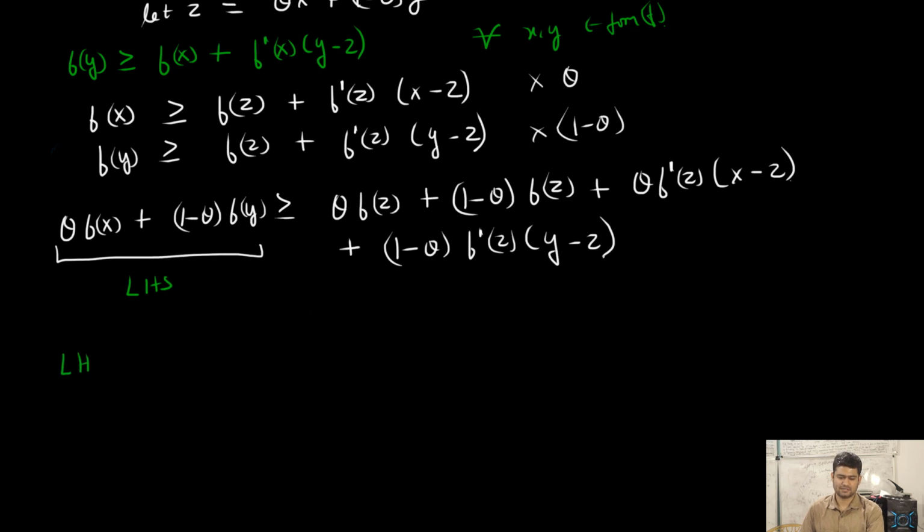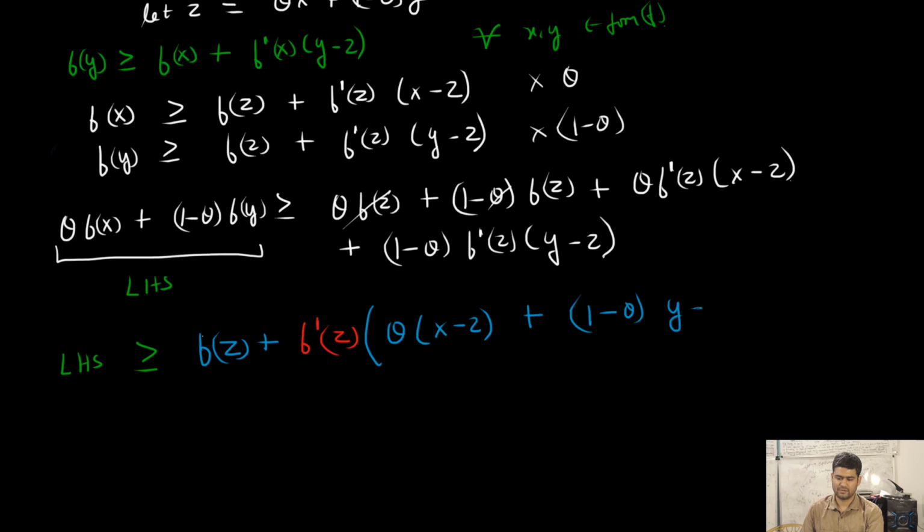So we have LHS is greater than or equal to, we can simplify the right hand side. So this term will cancel out with this theta times f z. So we get f of z plus, we can take the f dash z common out, and we can write inside the brackets theta times x minus z plus 1 minus theta times y minus z.